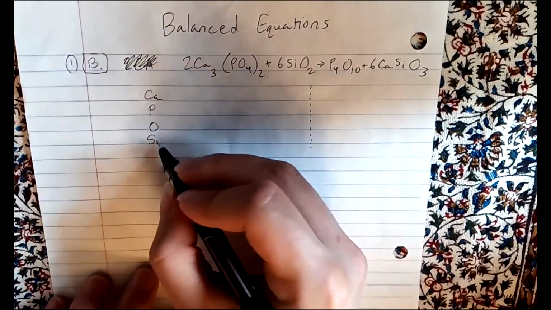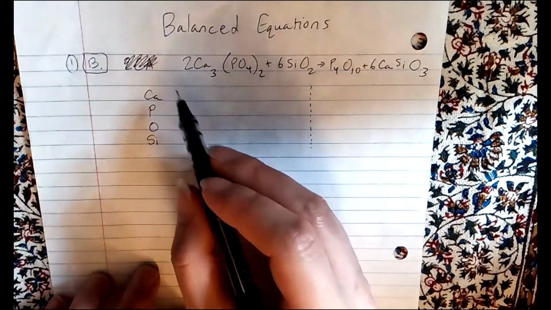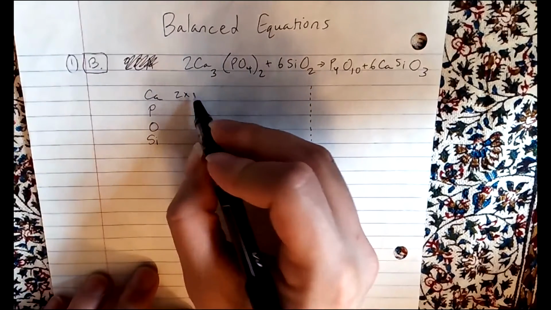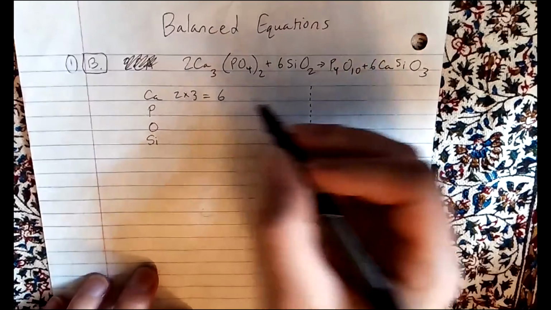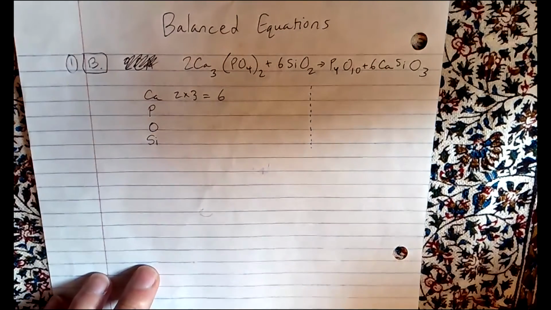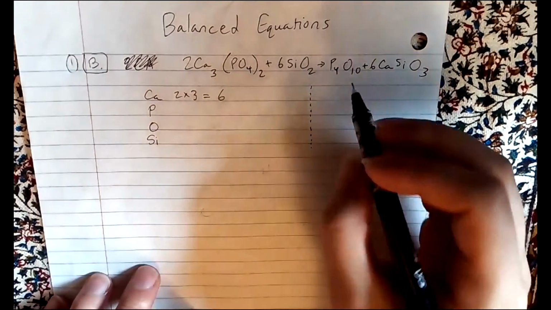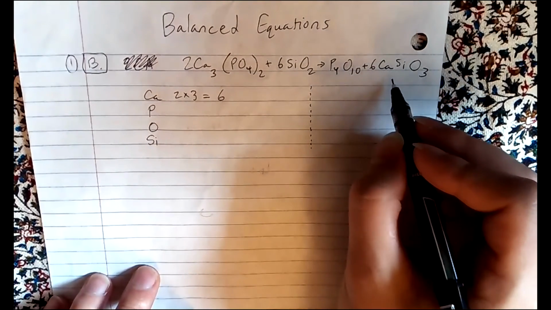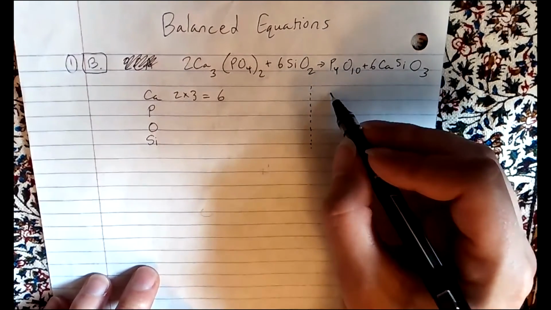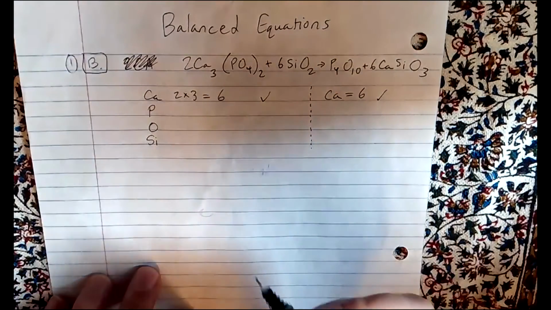So multiply the coefficient and the subscript. 2 times 3 equals 6 calcium atoms on the left-hand side. You can check over here, 6 times calcium. The subscript is 1, so it's like 6 times 1, but it's just 6. That equals that, so we're good.